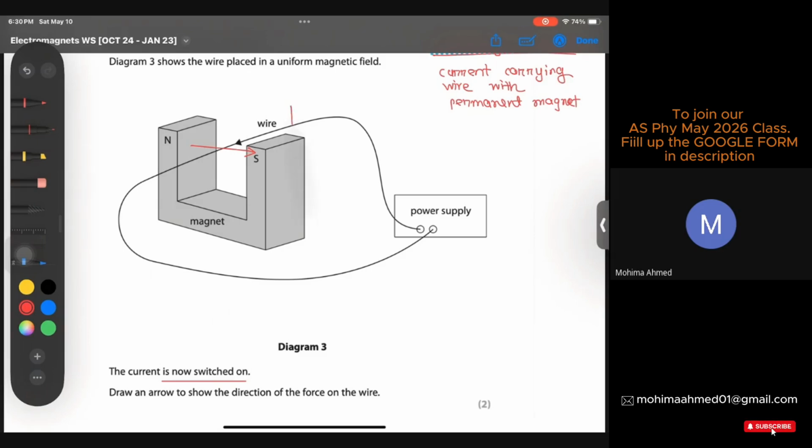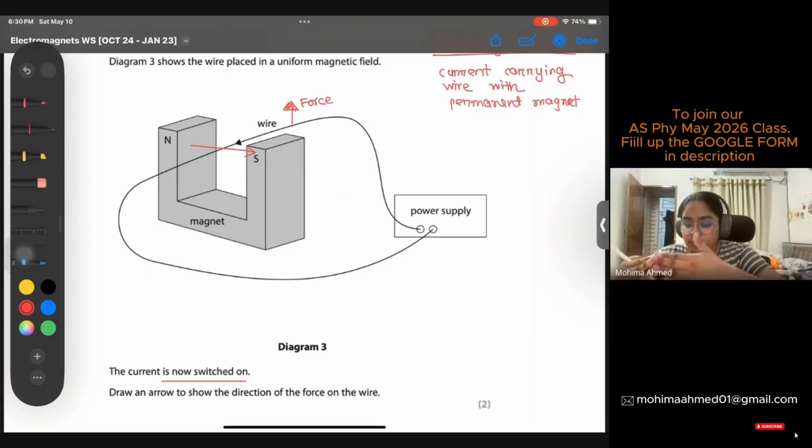Amna and Amra, do we understand how an upward force is acting on the wire? Miss, I'm not that sure. Just think of this time again as you are standing in front of the magnet, right? Then you have to use your fingers again in this manner.